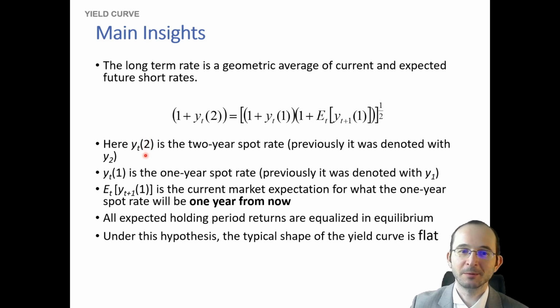So for example, y_t(2) is the 2-year spot rate, 2-year maturity, today, aka spot. Analogously, y_t(1) would be the 1-year spot rate, because again, it's observed right now in time t, and it is for 1 year ahead.